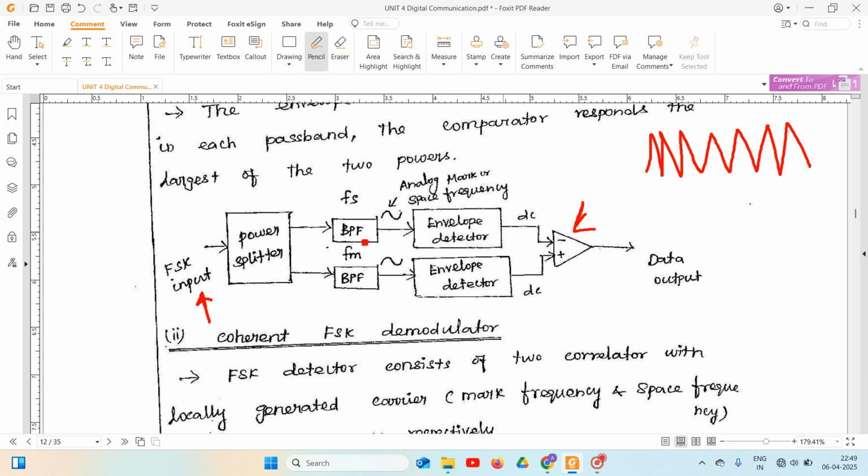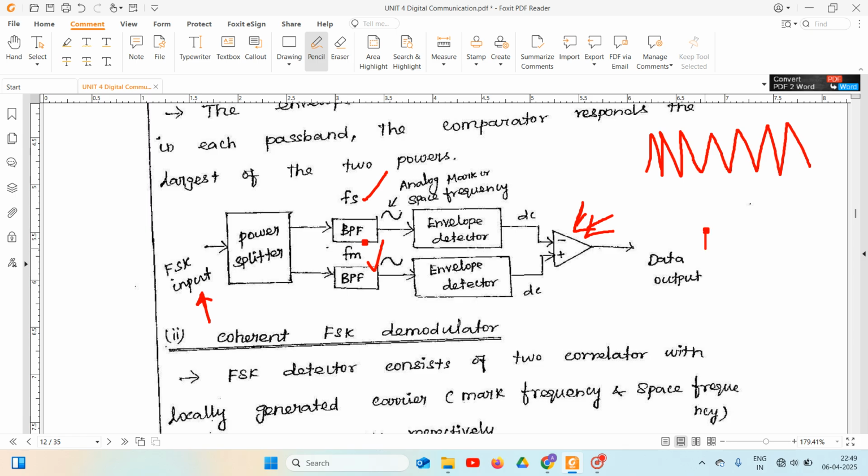After that, the output of the envelope detectors is given to the comparator. The comparator compares the power of the two different frequencies, that is the space frequency and the mark frequency. If the power of the space frequency is greater than the mark frequency, then the output is 0. If the power of the mark frequency is greater than the space frequency, then the output of the comparator is 1.